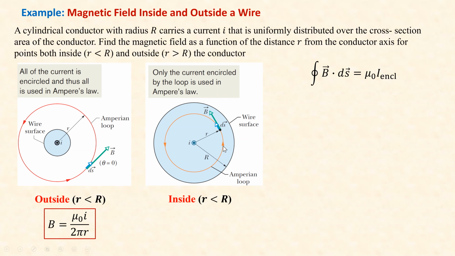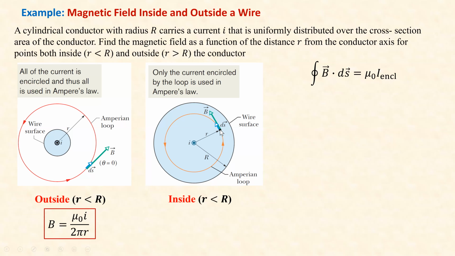And now we want to see what is the magnetic field at this point. We take an Amperian loop, which is circular and centered at the axis of the wire, and then we apply Ampere's law to this Amperian loop. Again, we argue that because of symmetry, B should be tangential and also should be the same.